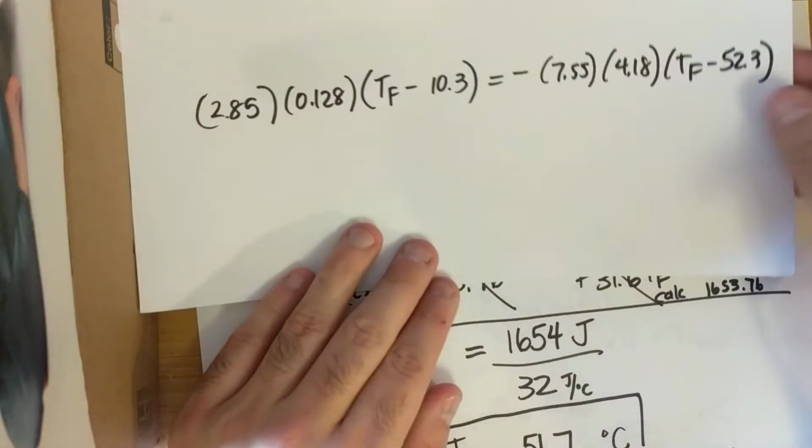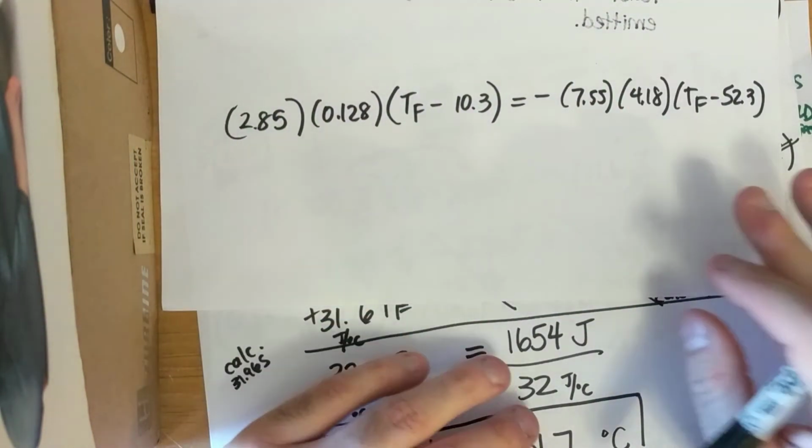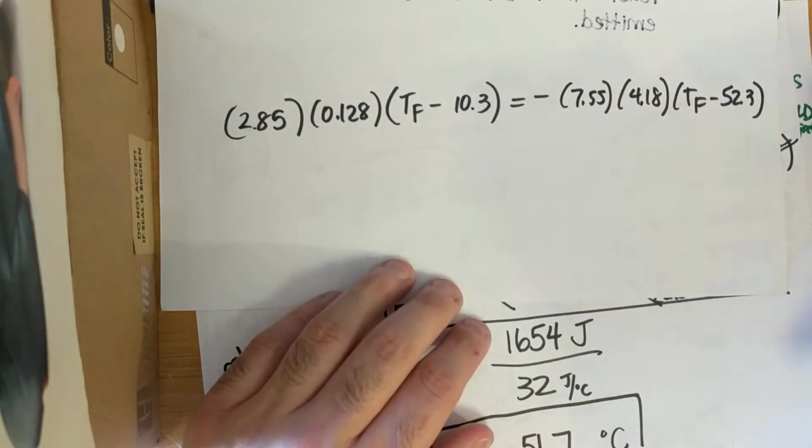Some of you might give me this and then just solve for TF. I'm just trying to show you, if you didn't like all my fancy units there, I'll do it the same way.